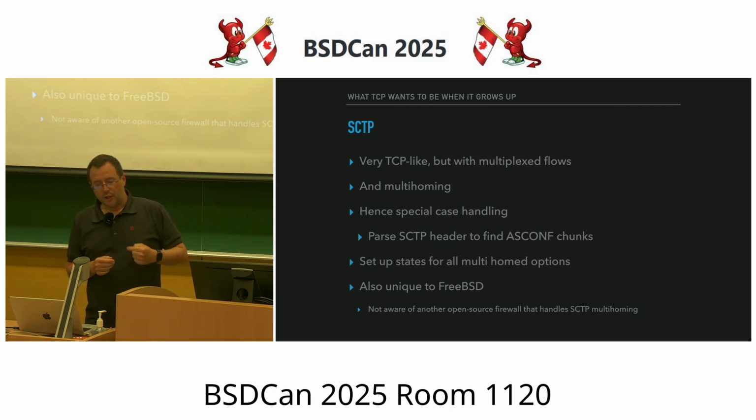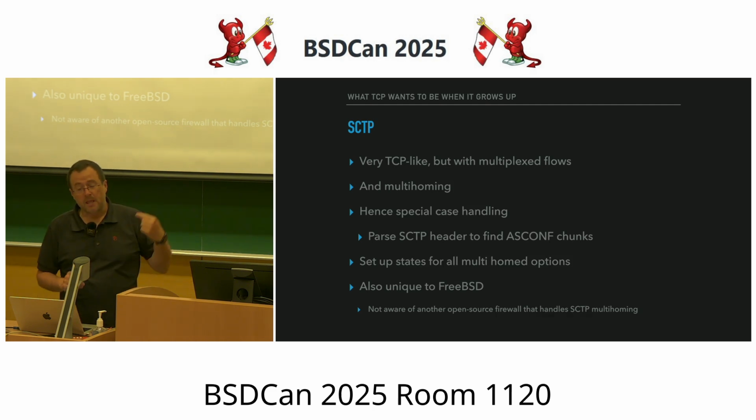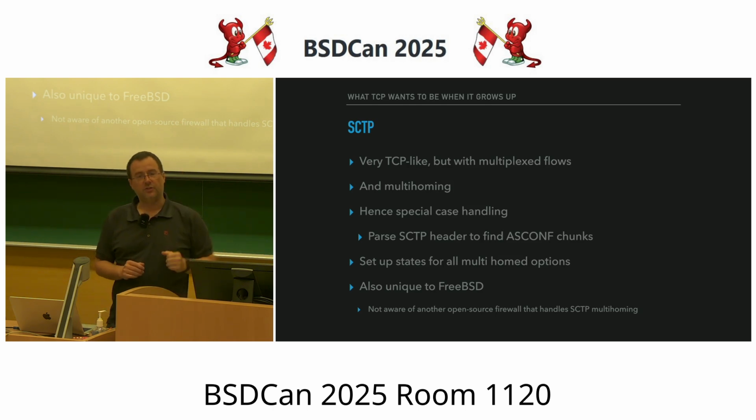So what PF does is it looks at all of those packets. They're called ASCONF chunks in SCTP speak. And based on the IP addresses that we see in there, we will create additional states.